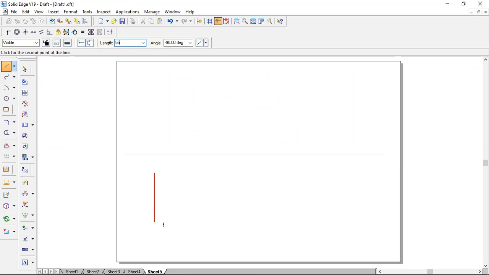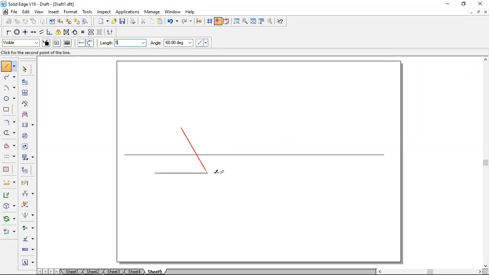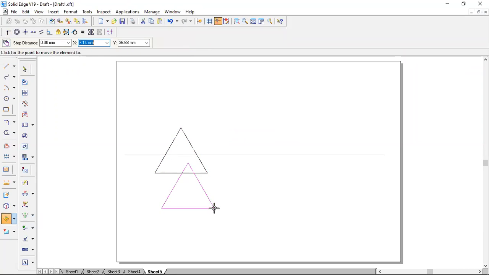So a corner should come on the right side. You can draw 55 at 60, 55 at 120, and 55 at minus 120. So this is the equilateral triangle with a side length of 55 that we need to draw.